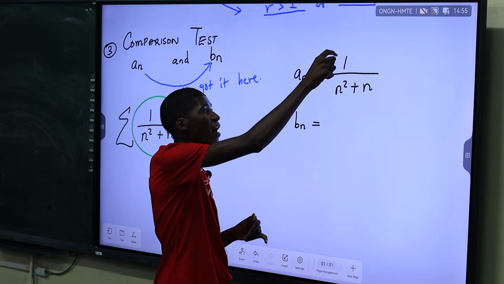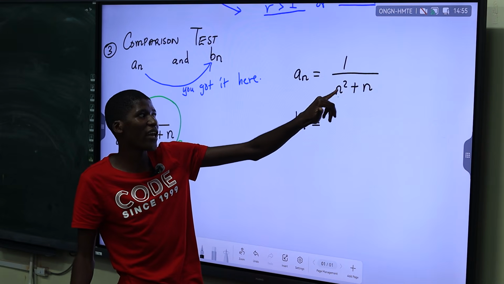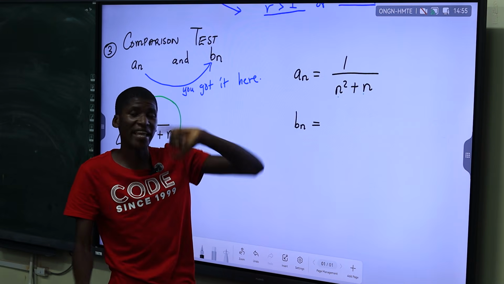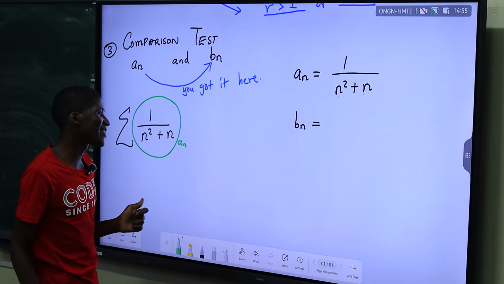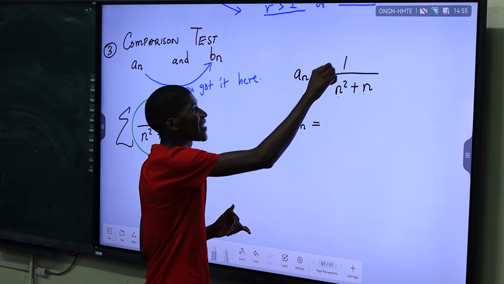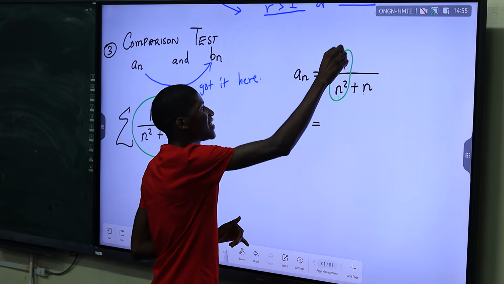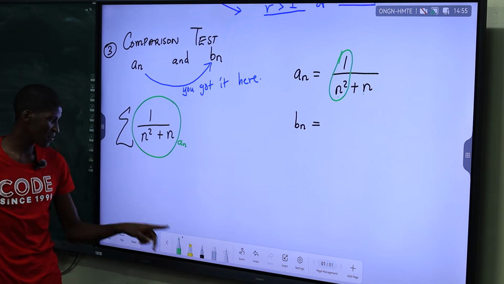For example, you have one numerator, which is 1, and two denominators, one of them n squared, another n. So, when you want to extract your bn, try to take the numerator and put it over the denominator with the highest significance.